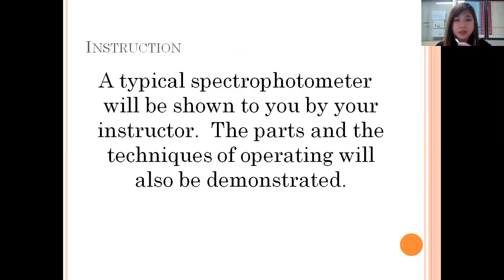A typical spectrophotometer will be shown to you by your instructor, and the parts and the techniques of operating it will also be demonstrated, so you know how to use it, what to put in it, and what to set on it. That will be the focus of my short discussion or orientation with you.